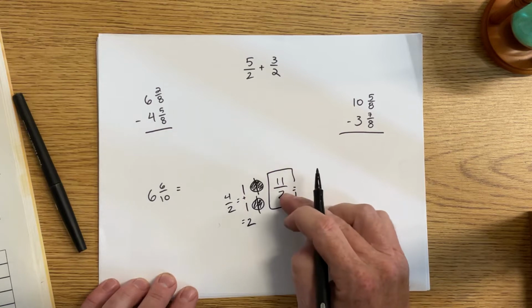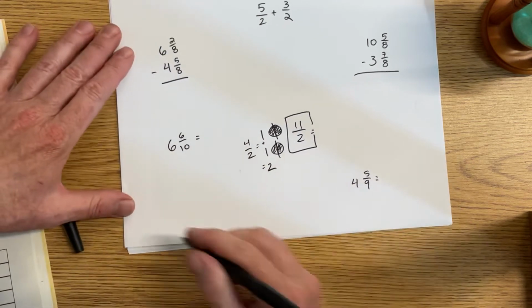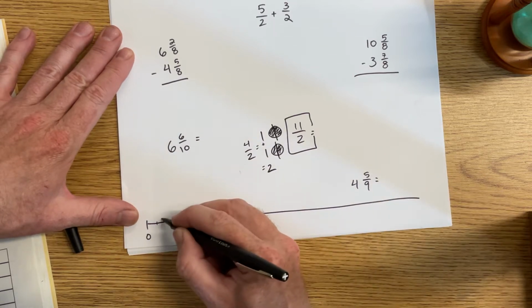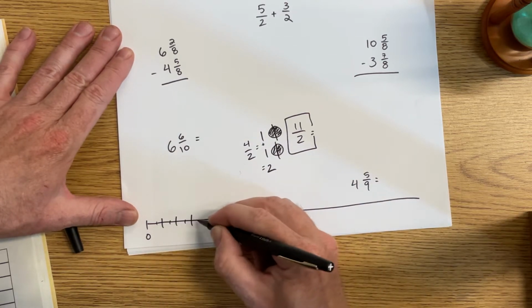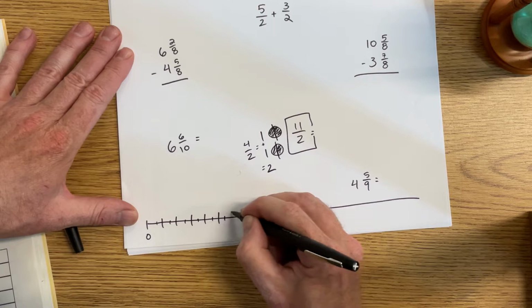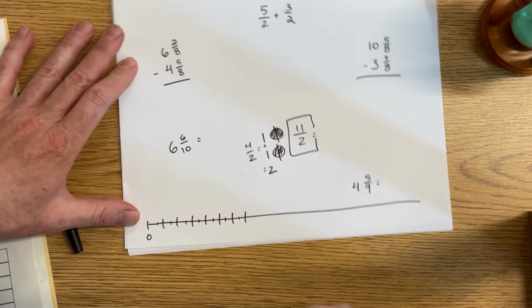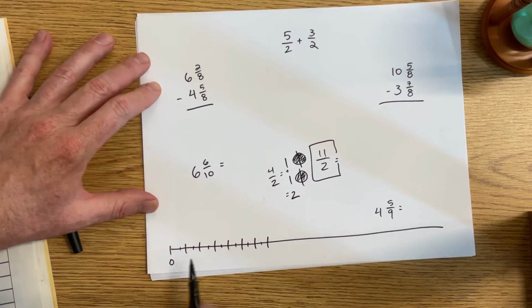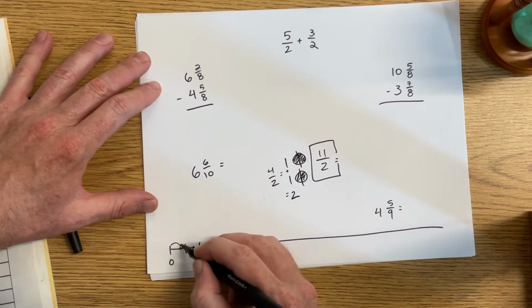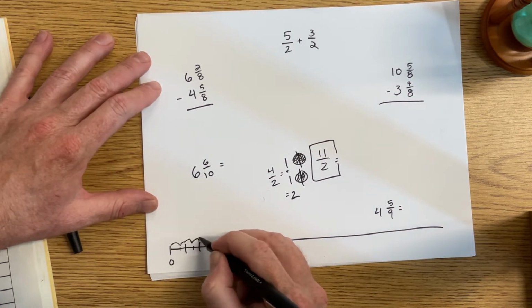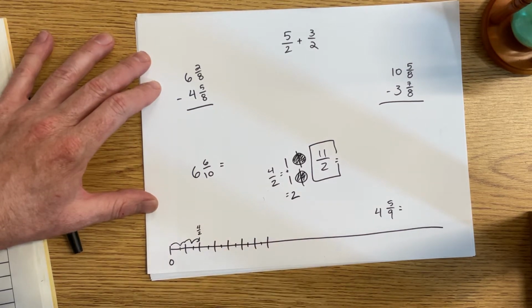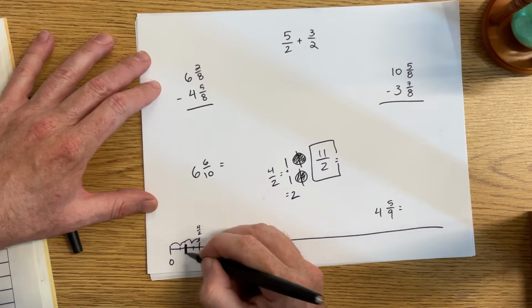But if you have 11 halves, another way of thinking of it is, if this is 0, 1, 2, 3, 4, 5, 6. Let's just go there. If you start at 0 and you have a half, so it's 1 half, 2, 3, 4. That is 4 halves. But if this is 2 halves, that's 1.